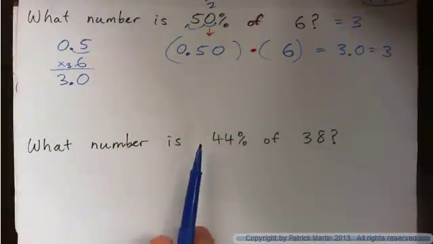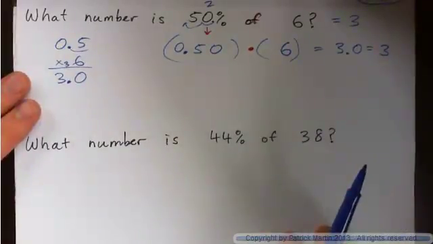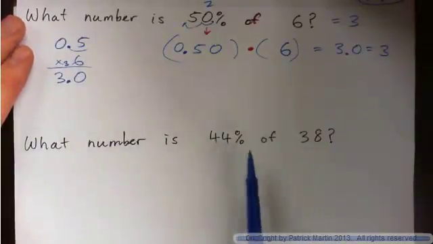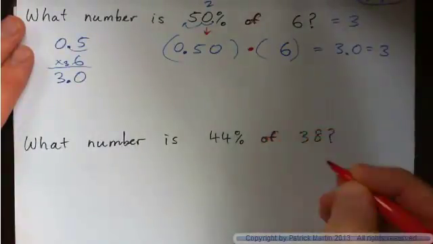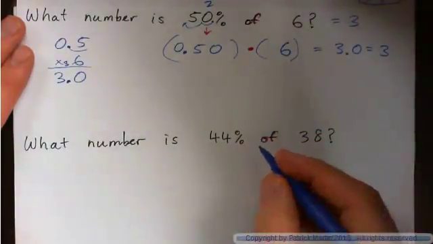So what number is 44% of 38? The first thing you gotta do is breathe for a second and think, what am I doing? What am I trying to do? I'm trying to get 44% of 38. I know that of means multiply, and 44% can be turned into a decimal.